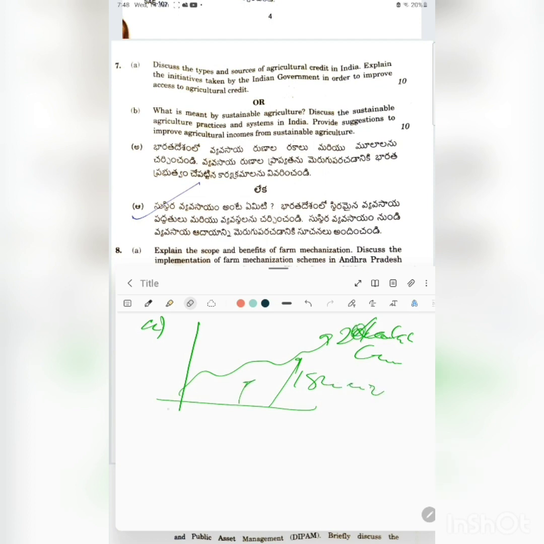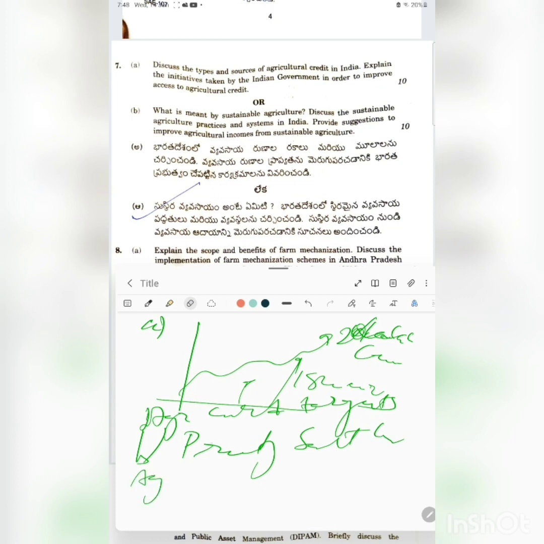Then, with respect to priority sector lending, all private sector banks, scheduled commercial banks and foreign banks must ensure that 18% of their credit is given to the agriculture sector and 8% to microfinance institutions.